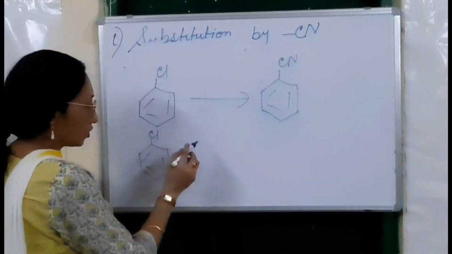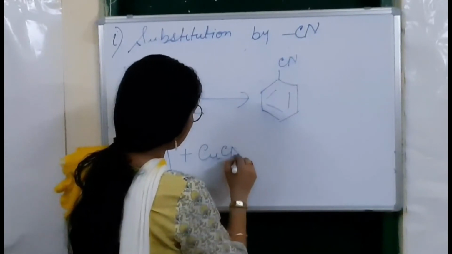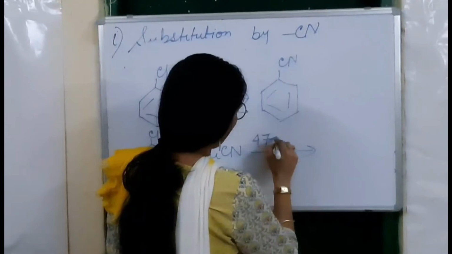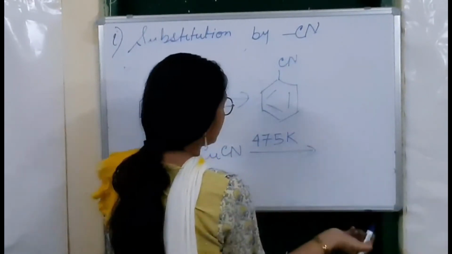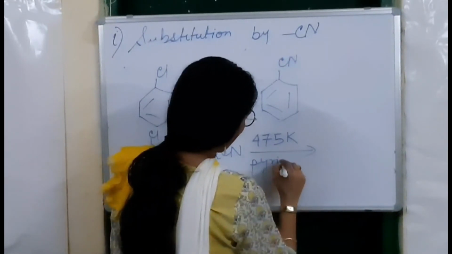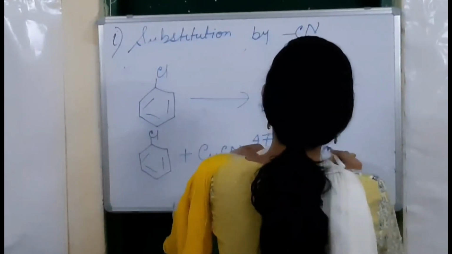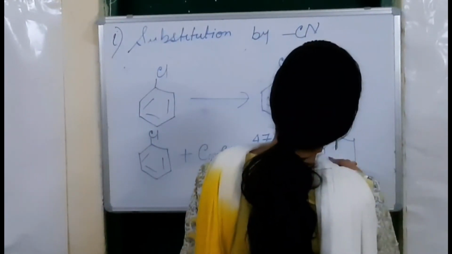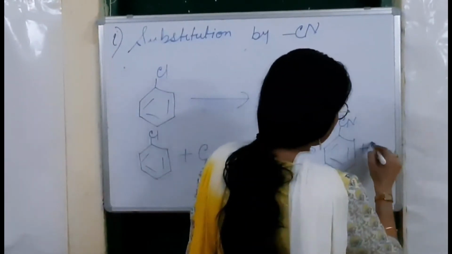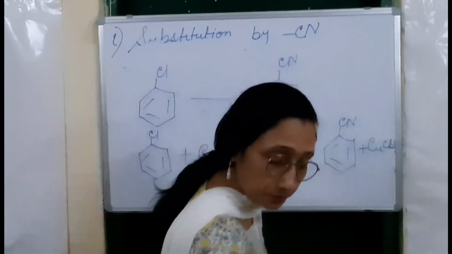When you heat chlorobenzene with CuCN at a temperature of 475 Kelvin in the presence of pyridine, you will get cyanobenzene plus CuCl.